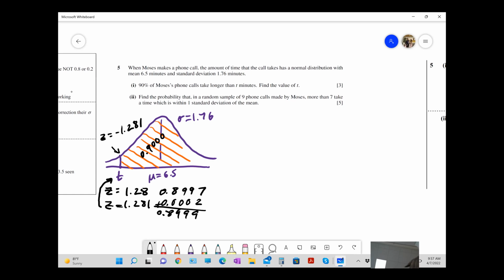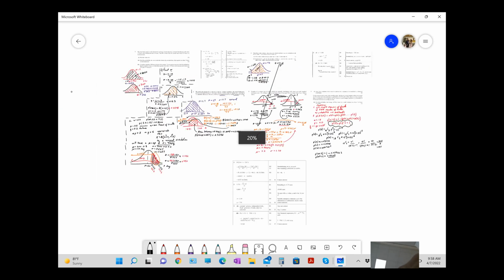Now we're trying to find the value of T, and we realize that z equals x minus mu divided by sigma, where x is the role of T. So we could say the z-score is T minus mu divided by sigma.